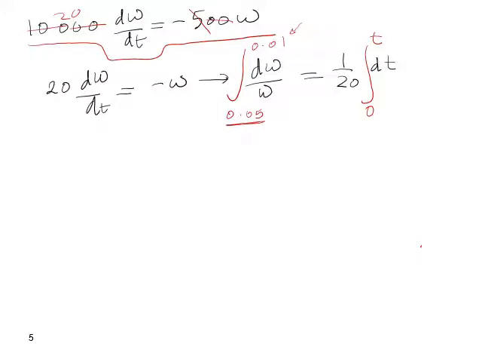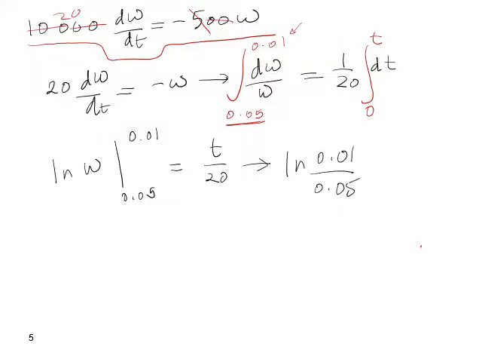So this is an easy integration to solve. This is ln W from 0.05 to 0.01, and this is equal to t over 20. So this is ln of 0.01 over 0.05 equal to t over 20, and then solve for t.